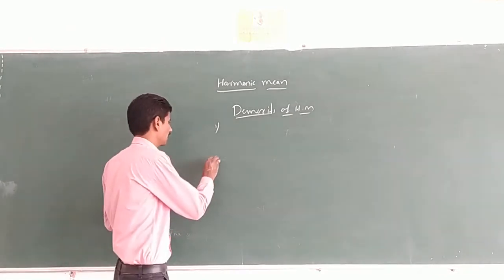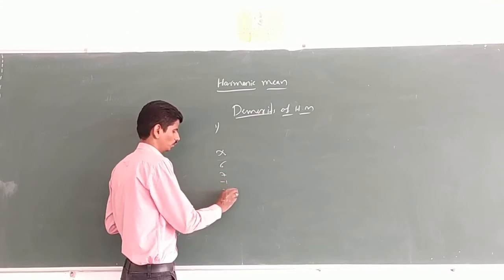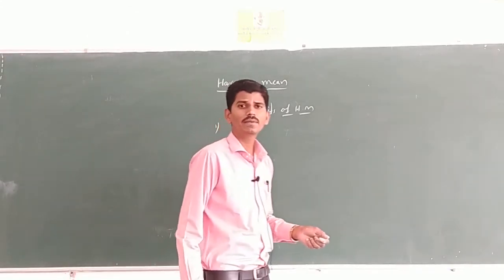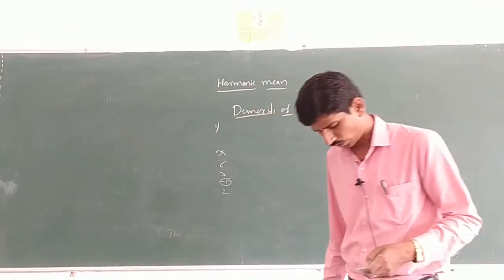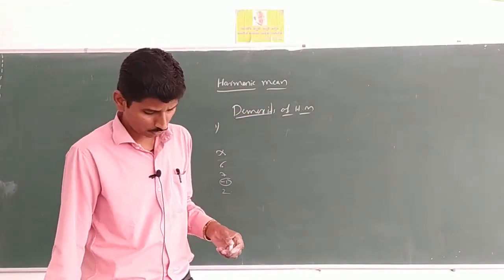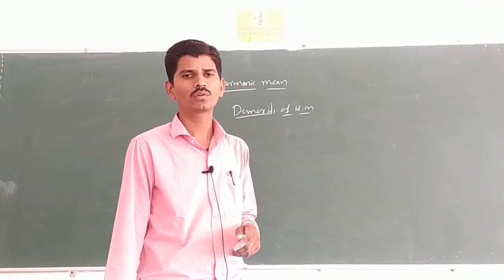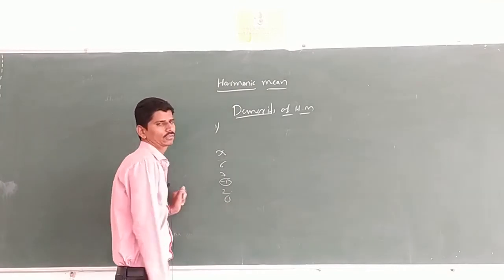For example, x takes the values 6, 7, minus 1, 2. Here minus 1 is there, so the harmonic mean cannot be calculated. Or if one or more values are 0, then also it cannot be calculated.